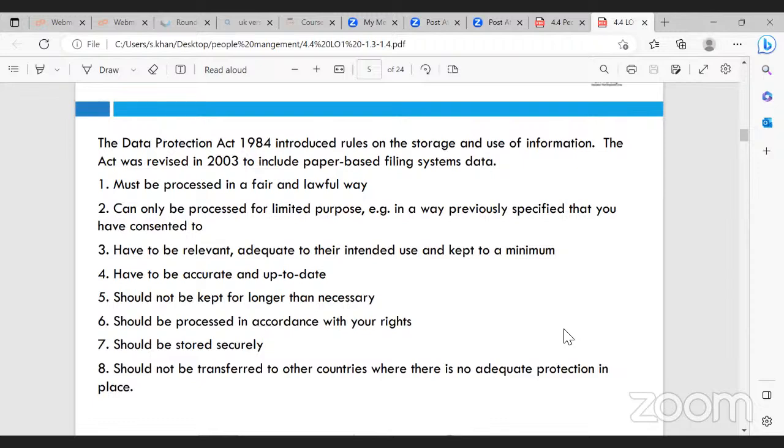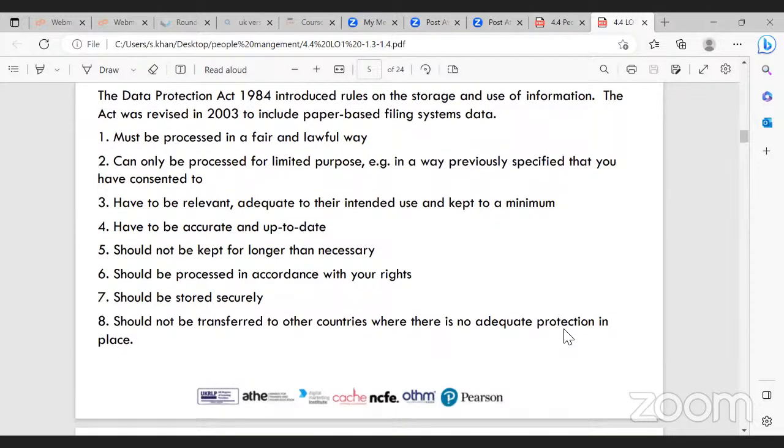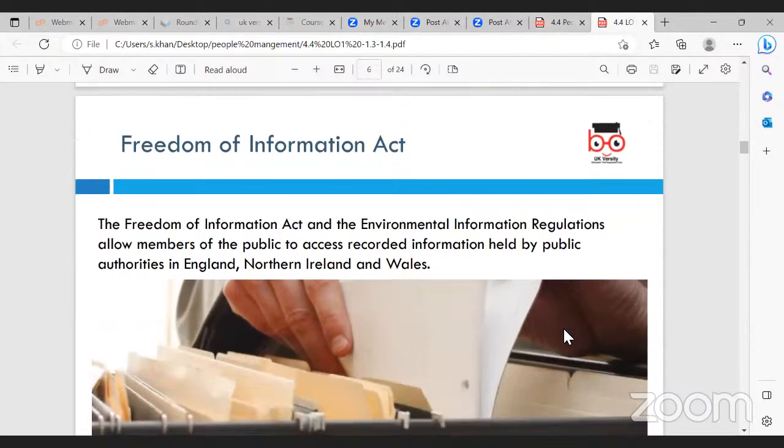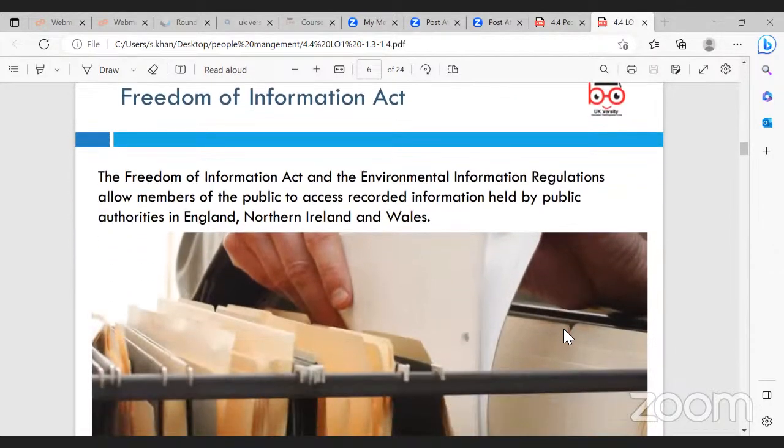It should be relevant, adequate to its intended use and kept to a minimum. It should be accurate and up to date. It should not be kept for longer than necessary, and it should be processed in accordance with your rights. It should be stored securely, and it should not be transferred to other countries where there's no adequate protection in place. So it's really important that you take this into account when you look at confidentiality and store people's information.